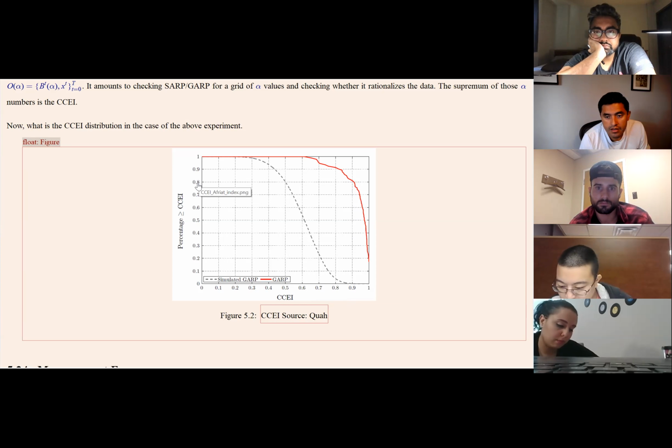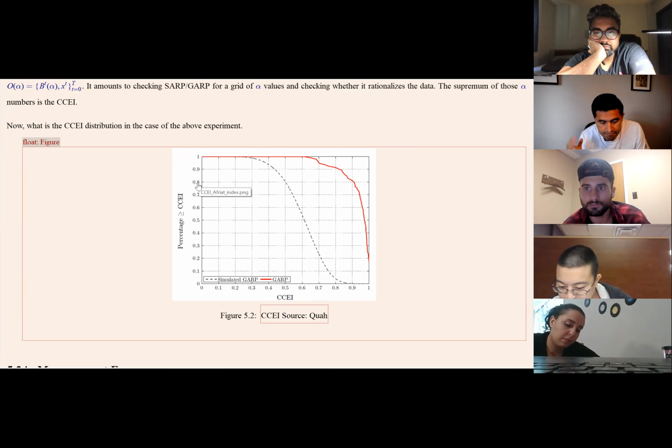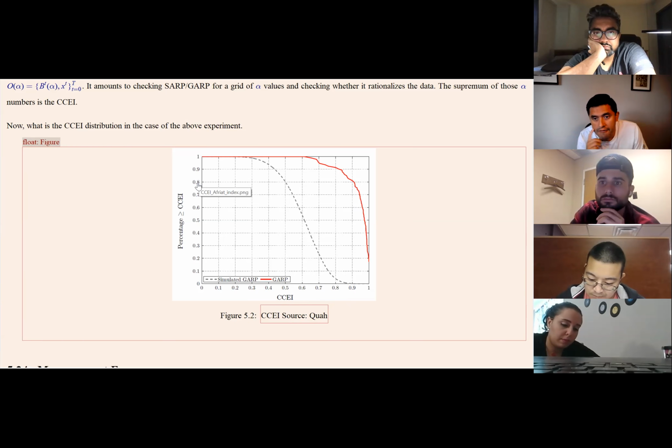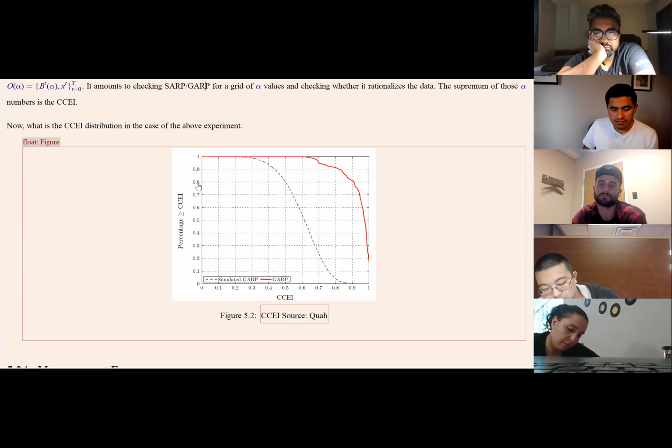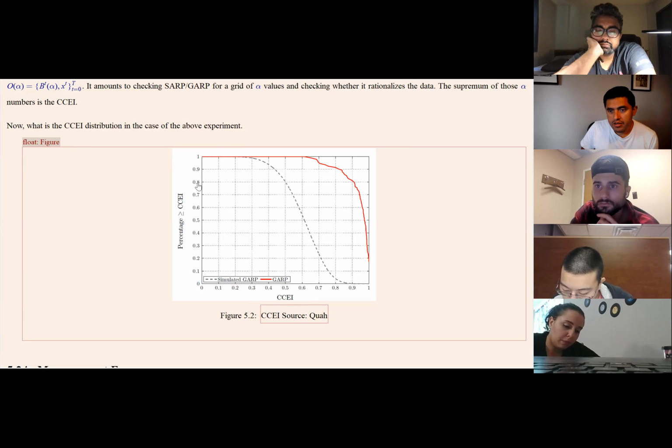So 80% of the population already have a supposedly high efficiency index. So they are wasting 10% of the income somehow. That's the interpretation. It's not formal, it is an interpretation of this measure that is more for intuition. It's not really a formal thing.